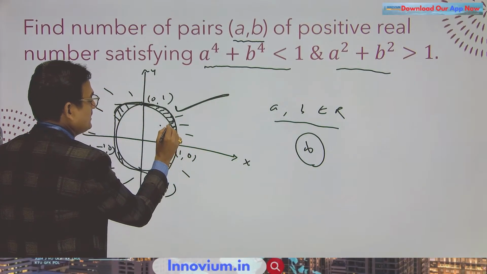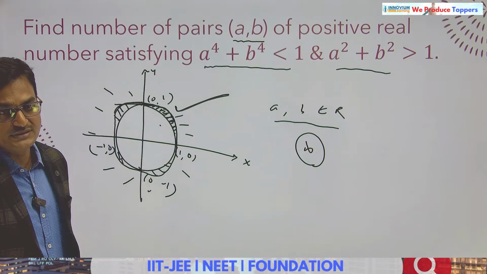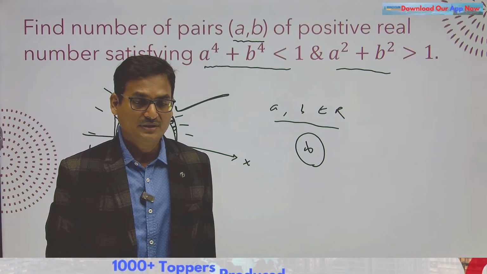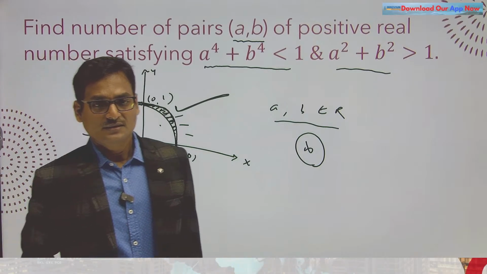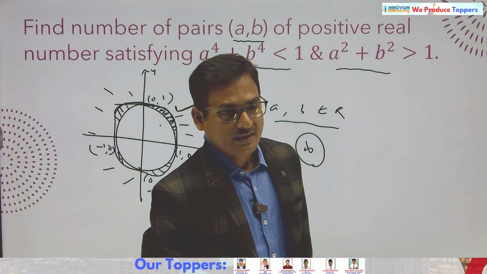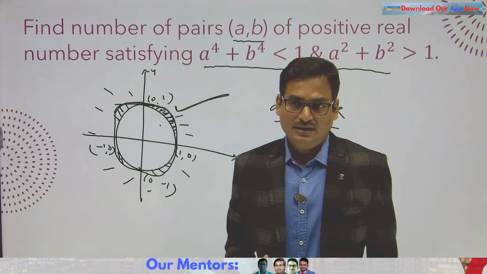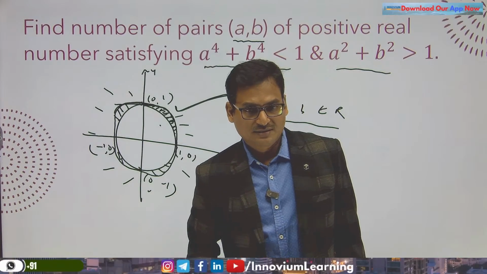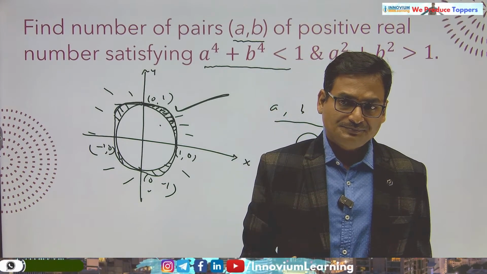A can take infinite values, B can take infinite values, because A and B are real. Understood?